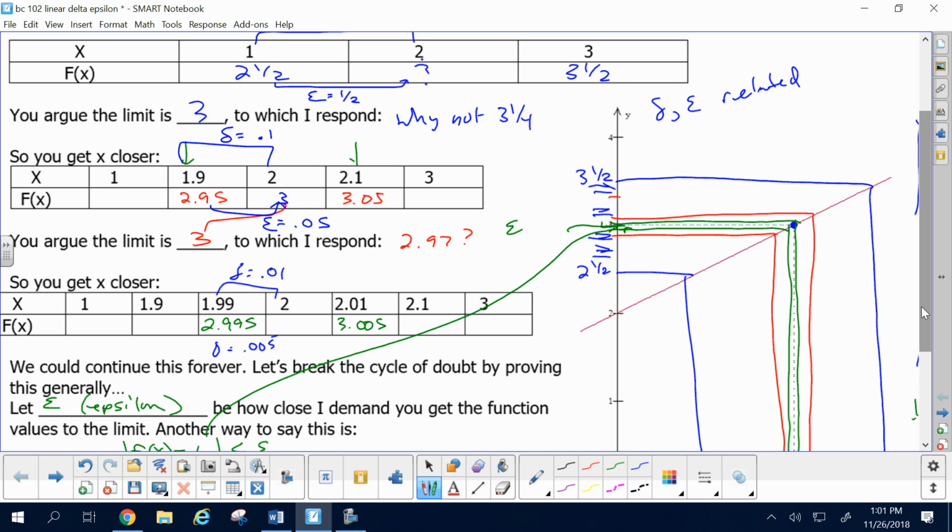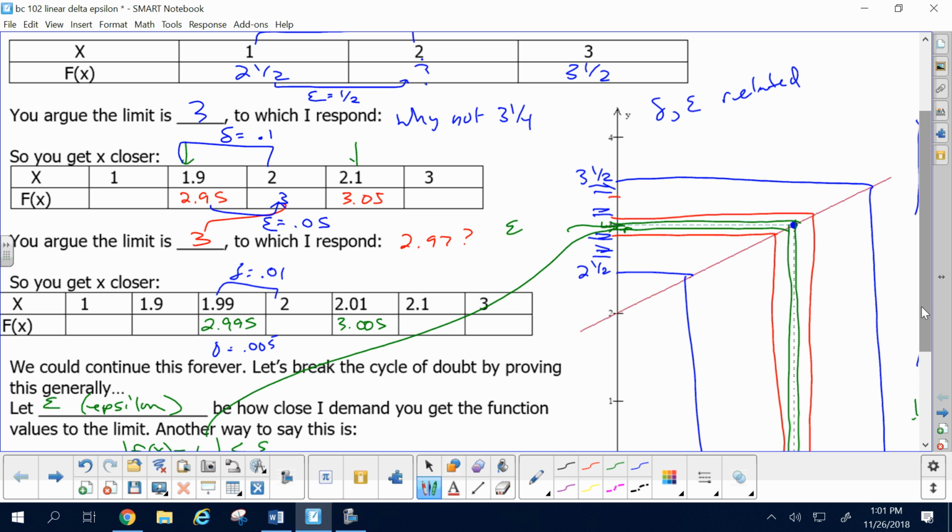Now, they're not equal because the slope of the line is not 1. If I had a line that was perfectly sloping at 1, then every inch gap around x would result in an inch gap around y. There would be perfect equality between the gap here and the gap there.